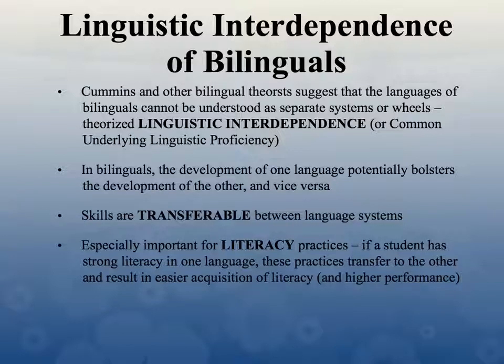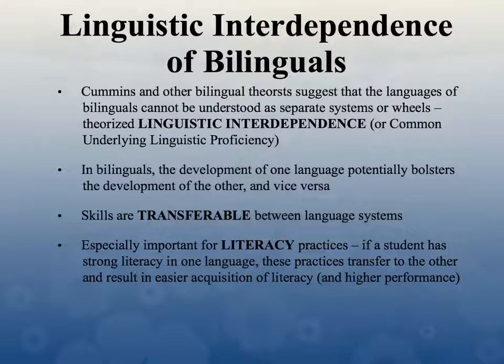So we can't really understand languages as separate systems. We call this linguistic interdependence, or sometimes it's called the common underlying linguistic proficiency. What this means is that in bilinguals or multilinguals, the development of one language potentially bolsters or helps the development of the other, and vice versa.